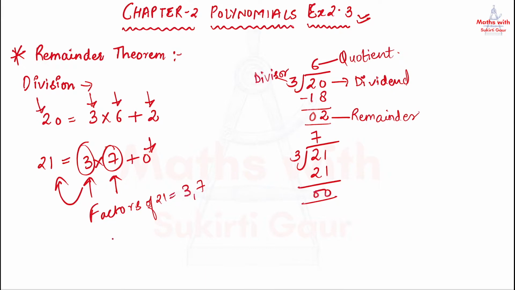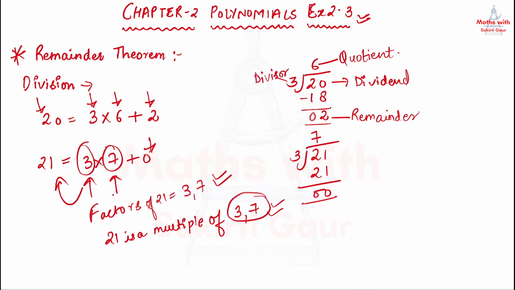Or we can also say that 21 is a multiple of 3 or 7. Yes. So we found out what factors are and what multiple is from this division problem.